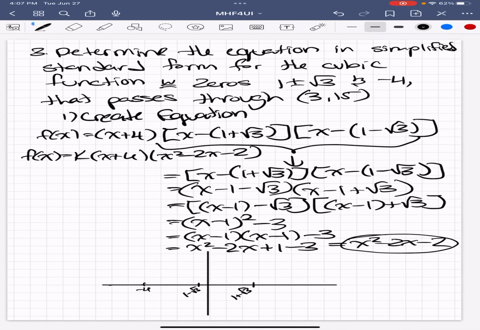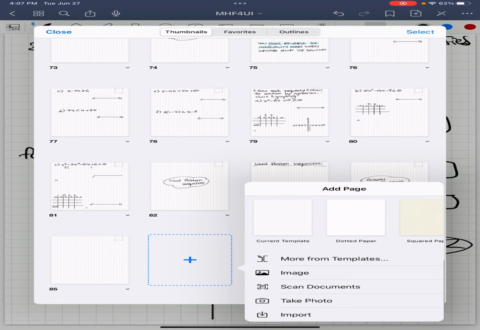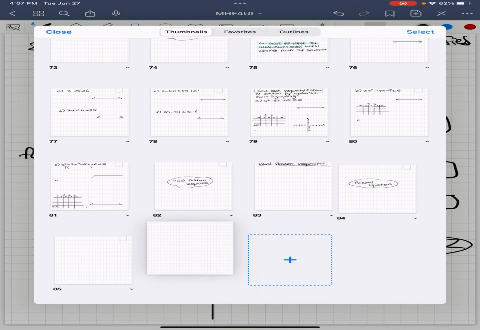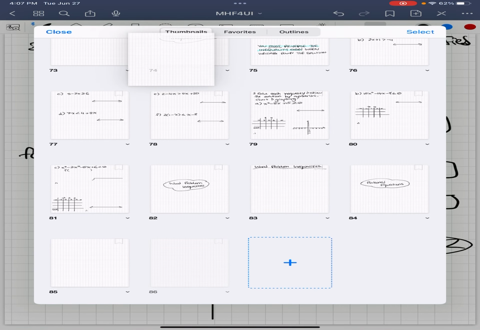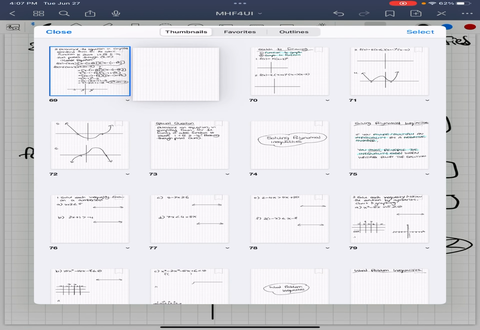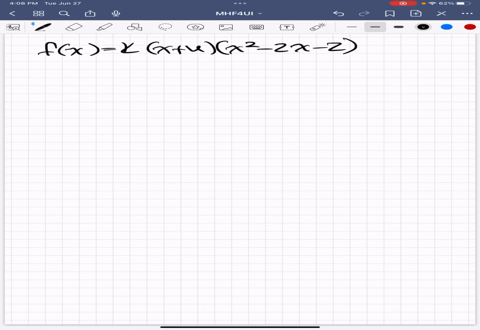And we're going to expand this out, and then we're going to use our point to find the value of k.